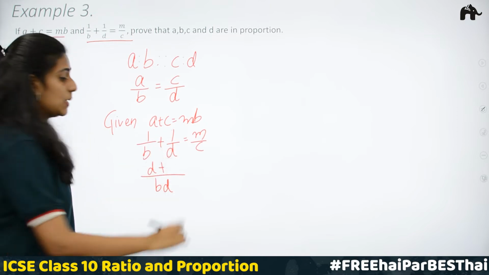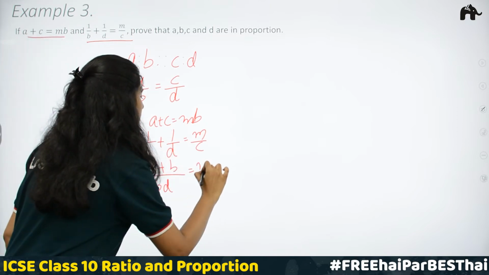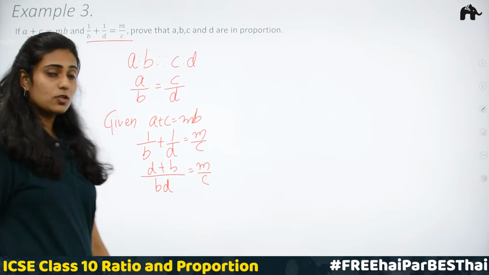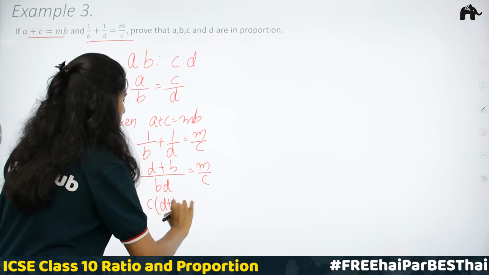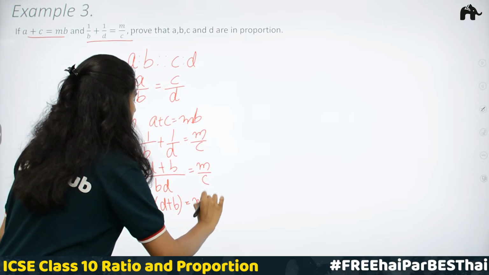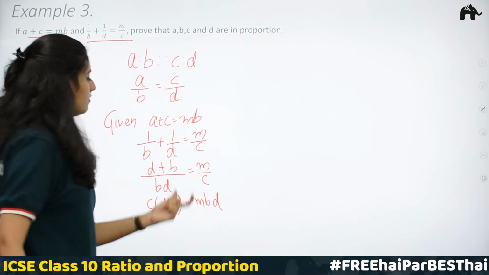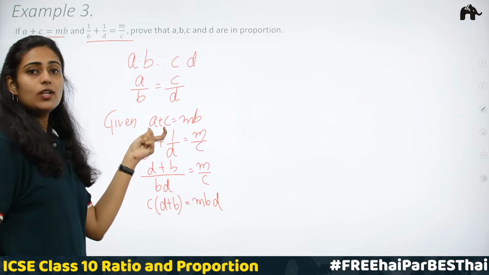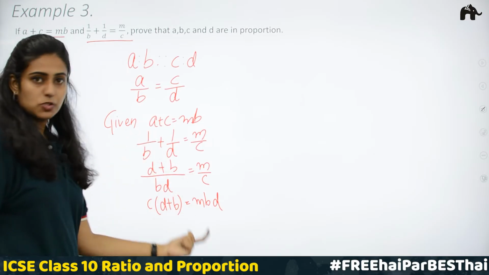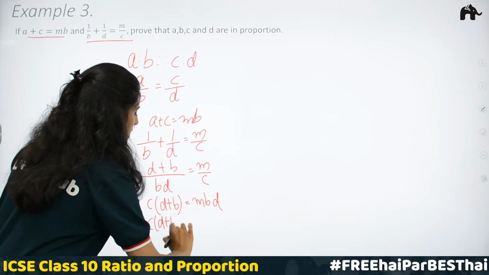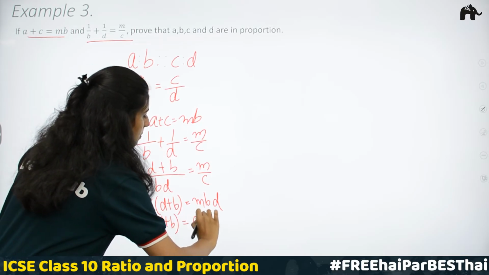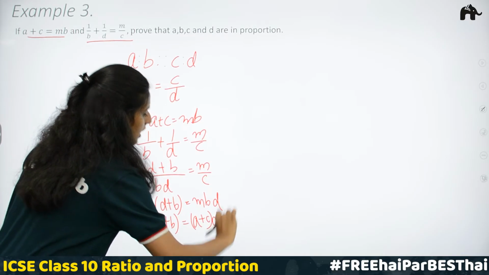B into 1, B is equal to M by C. Next step, cross multiplication. C into D plus B is equal to MBD. We have MB is equal to A plus C. We can substitute it here. C into D plus B is equal to A plus C into D.